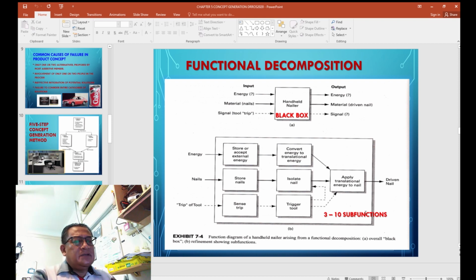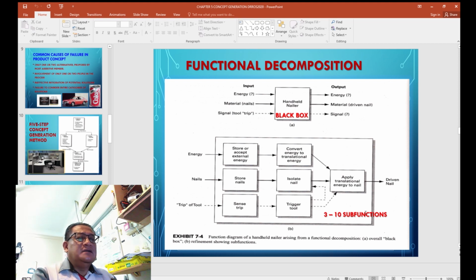And this black box will be the new roofing nailer that you want to produce, and the output is in the form of how it punches the nail towards the medium, and how the material or the nail will be driven in, and what sort of signal control the device must have in order to tell the customer its status. Now, we take a look at the subcomponents of this black box in the form of sub-functions.